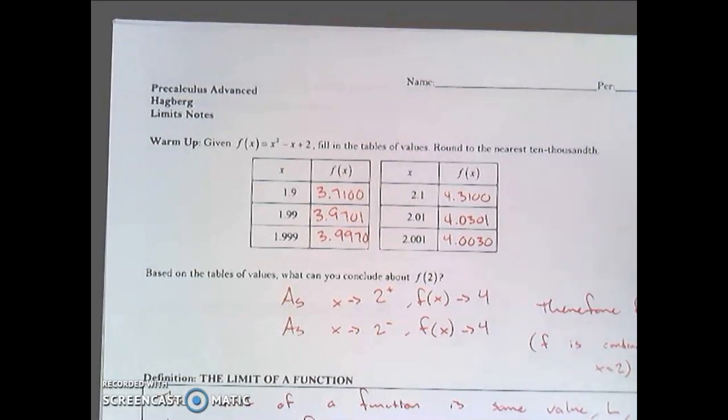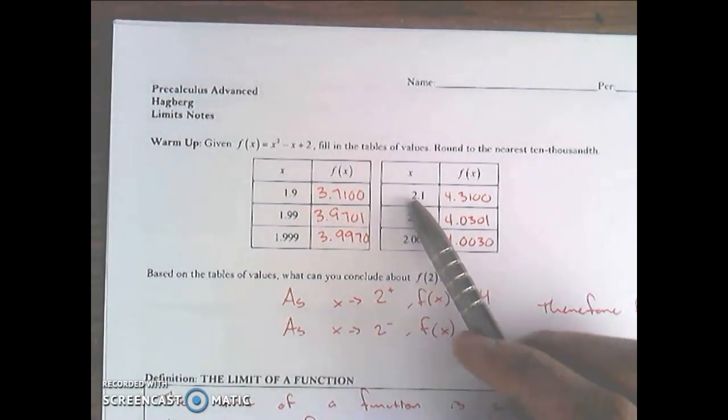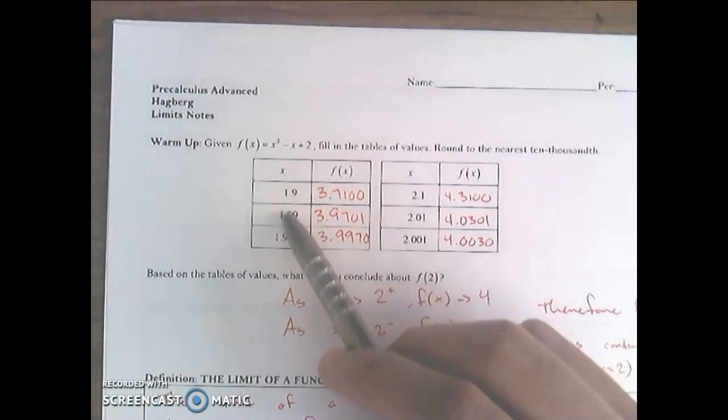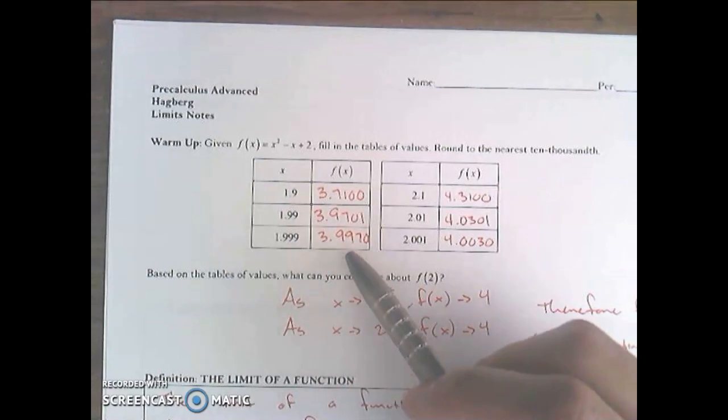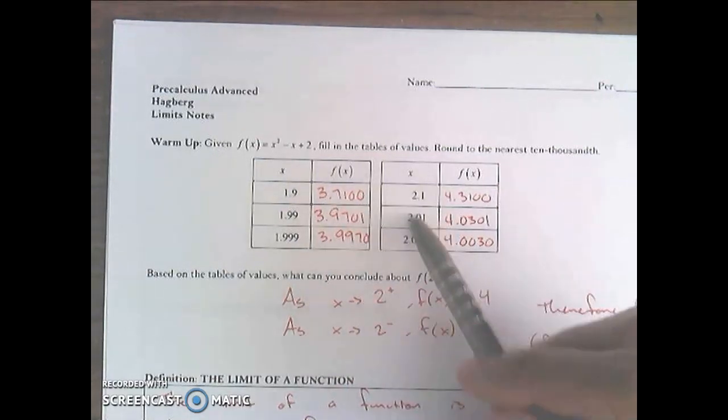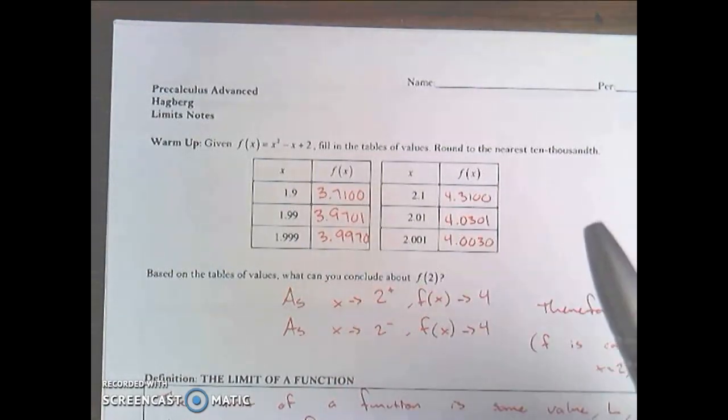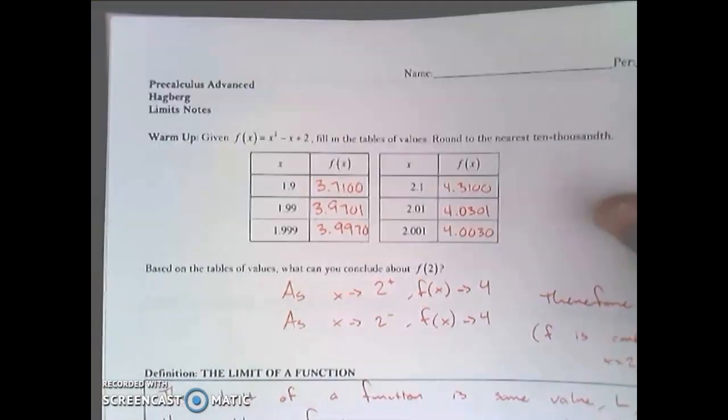So just returning to our warm-up, we're looking at the function values close to where x equals 2. So we're getting closer and closer to 2 from either side, and we're analyzing the function values as we get closer and closer to that x value 2.